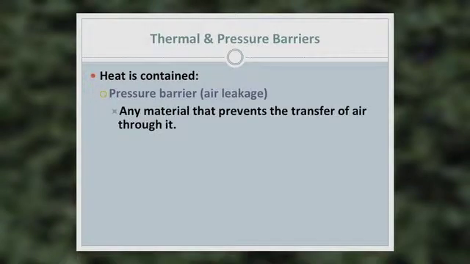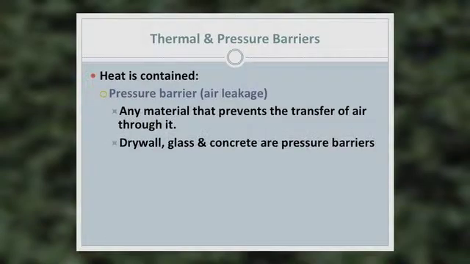Thermal and pressure barriers contain our heat by controlling our leakage of air. So if we stop conditioned air from leaving our building to begin with, then we actually stop that conditioned heat from leaving our building, okay? So any material that prevents the transfer of air through it can be used as a pressure barrier, like drywall, glass, concrete.